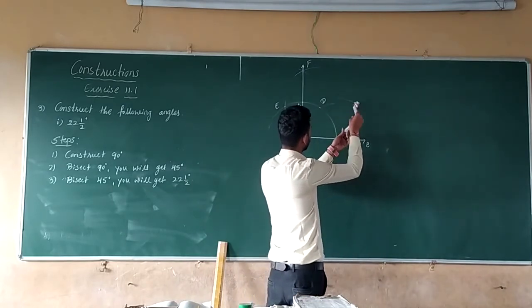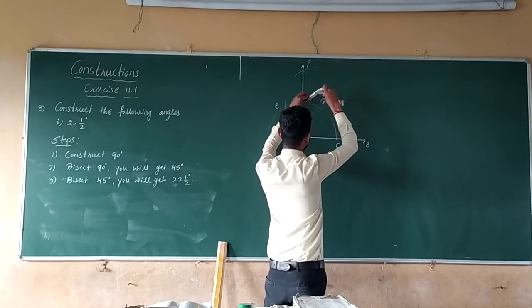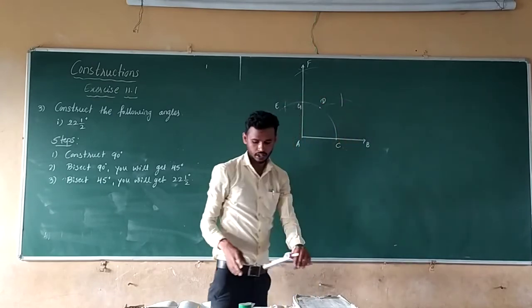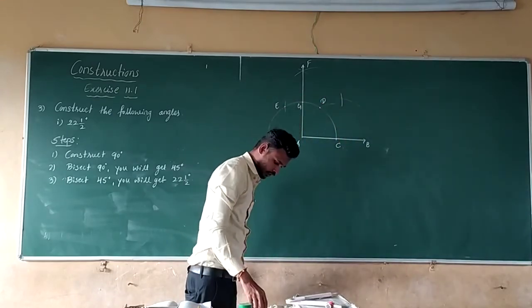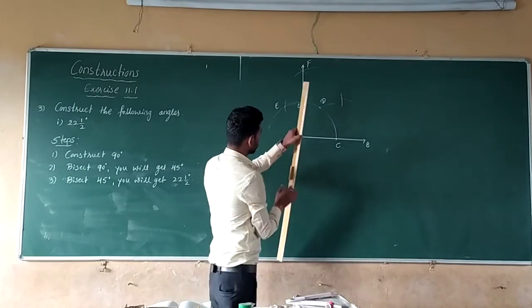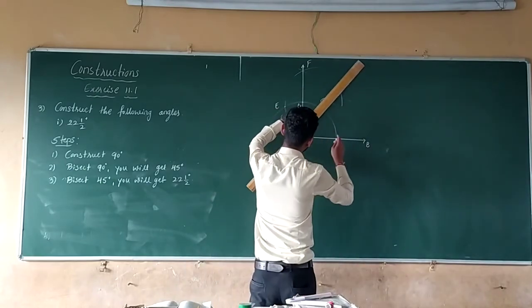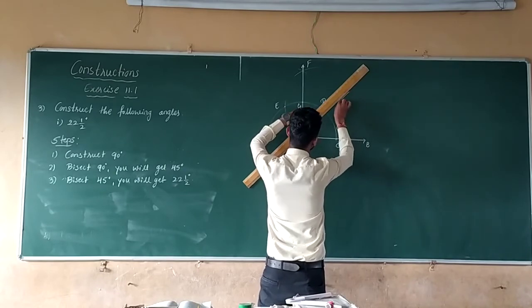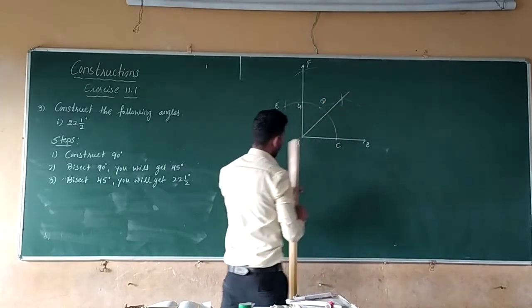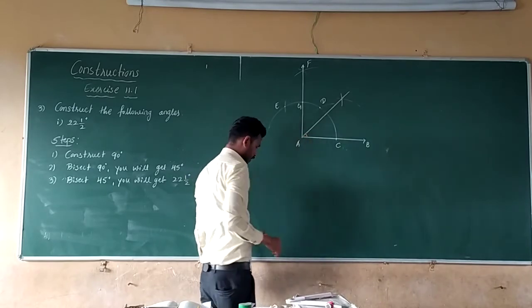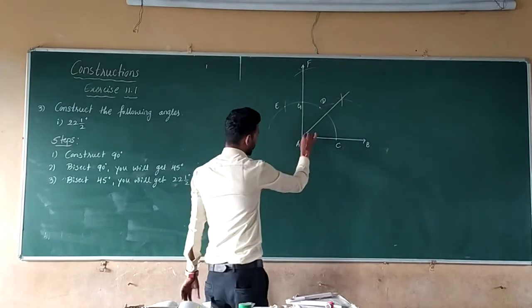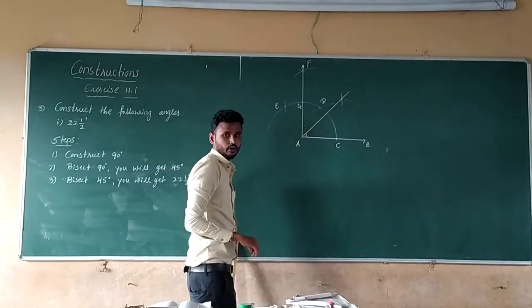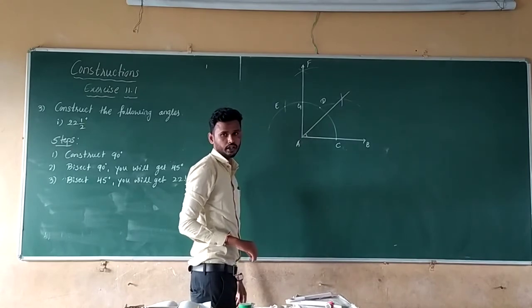Then draw the arcs with C and G as centers. You will get 45 degrees. So now this is 45. If you bisect this angle, then you will get 22.5.